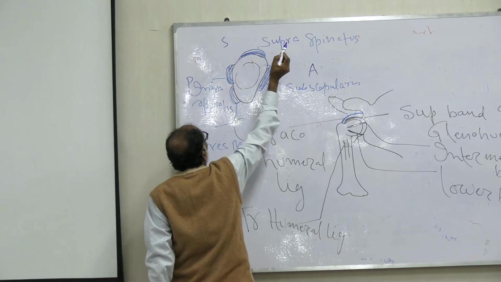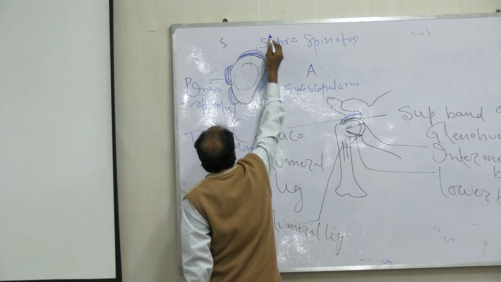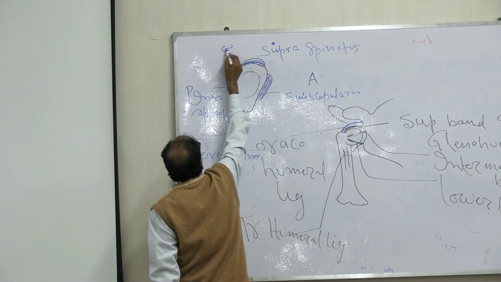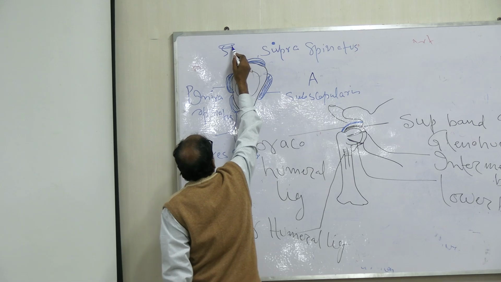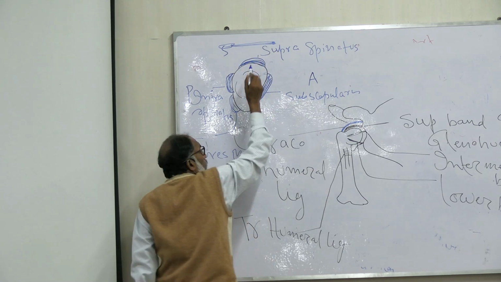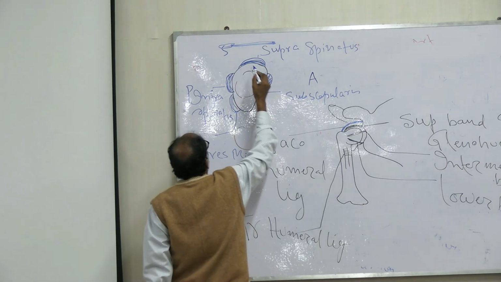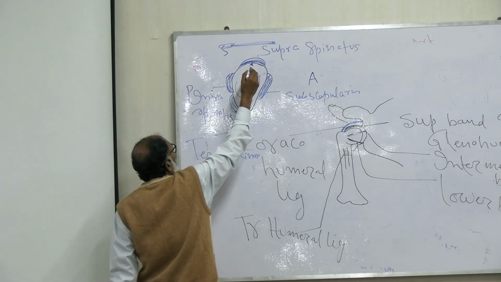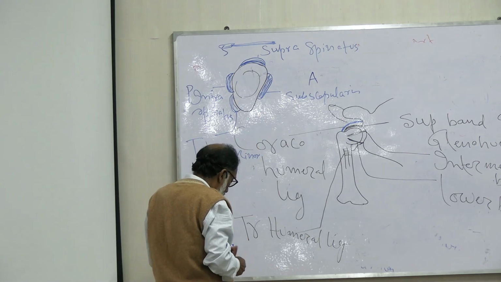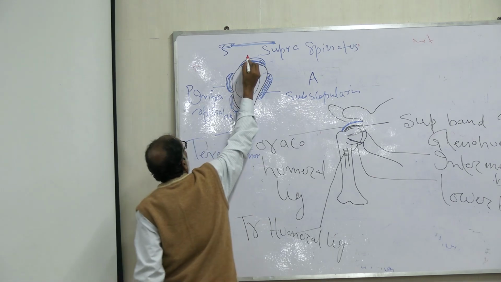Ligament that is known as, here is, suppose this is coracoid process. This is acromion process. This ligament is known as coracoacromial ligament. Just below this coracoacromial ligament, there is a bursa.